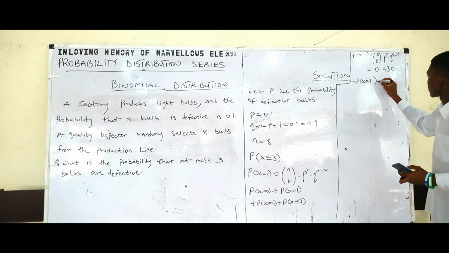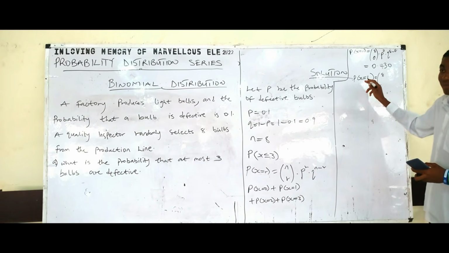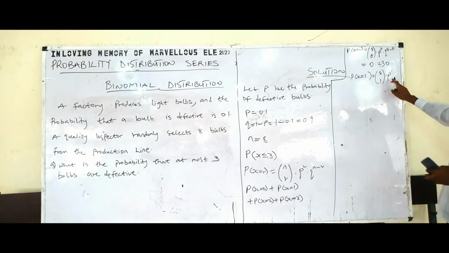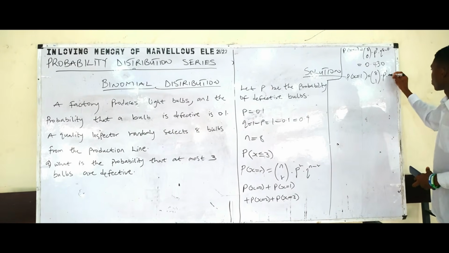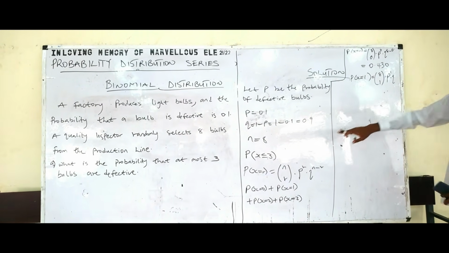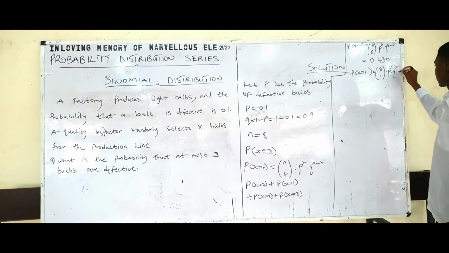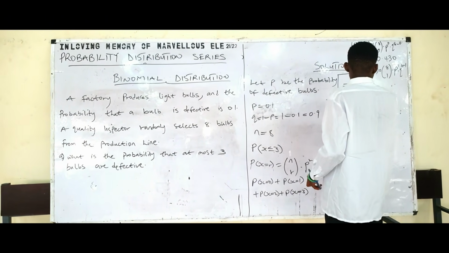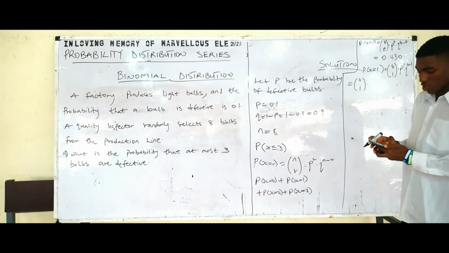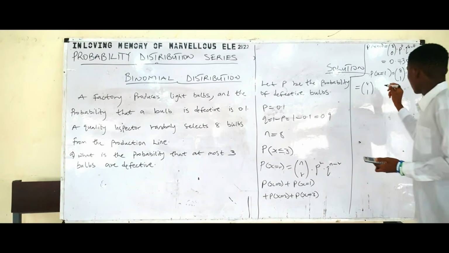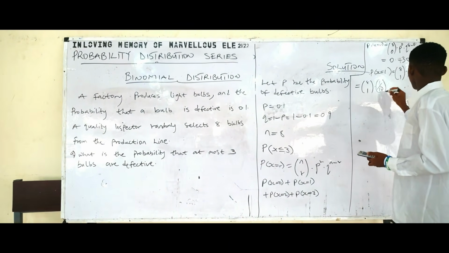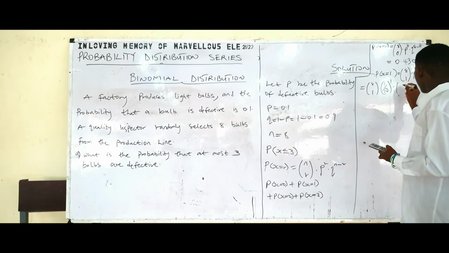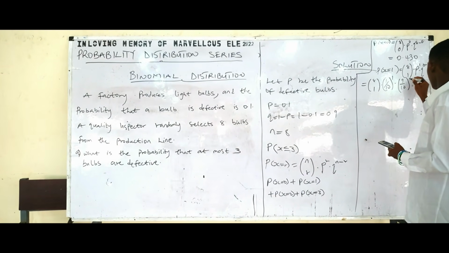Now x equals 1: 8 combination 1 times p raised to power 1 times q raised to power n minus r, which is 8 minus 1, which is 8 combination 1 times our p, 0.1. 0.1 in fraction is 1 over 10, raised to 1, times 9 over 10 raised to 7.